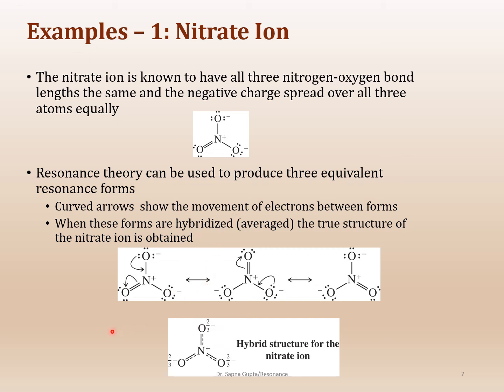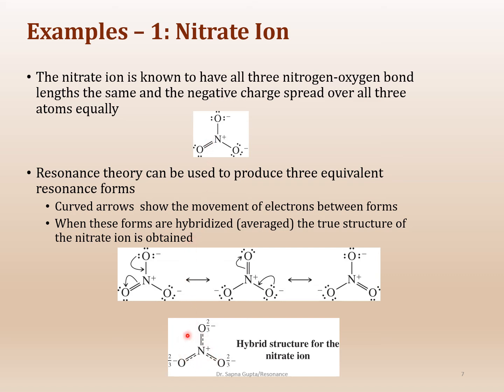The two things that are important for resonance, and how we know that resonance actually exists, are first, the fact about the bond length. The bond length for nitrate ion is between a single bond and a double bond. That tells us that there is something else going on, because if it was simply a nitrate ion with two single bonds and a double bond, then we would have two different bond lengths for this ion, but we don't have that.